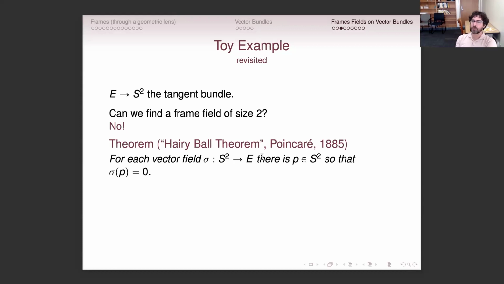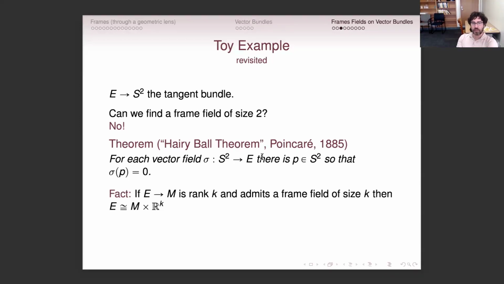So this is an interesting situation, very different from what's happening for vector spaces. Every vector space has a basis, and the basis has the size of that vector space. But the corresponding statement for vector bundles is very false, even for very simple examples.